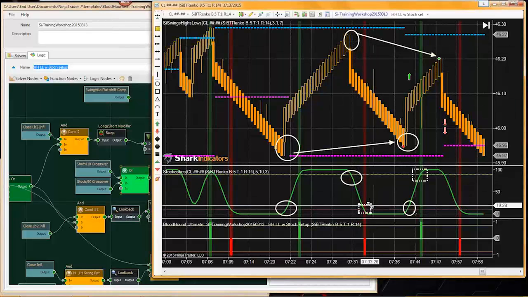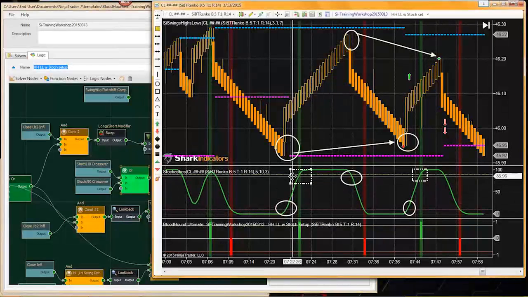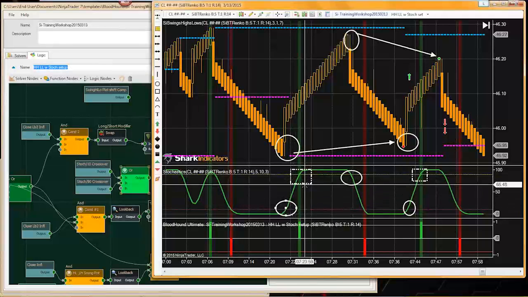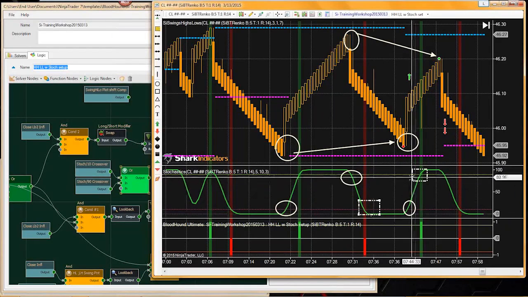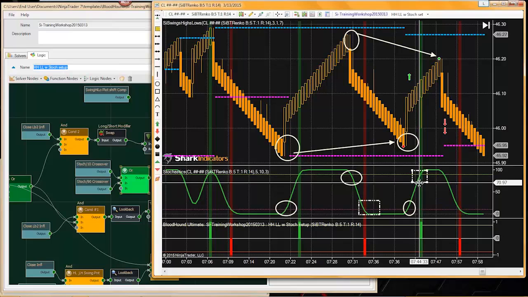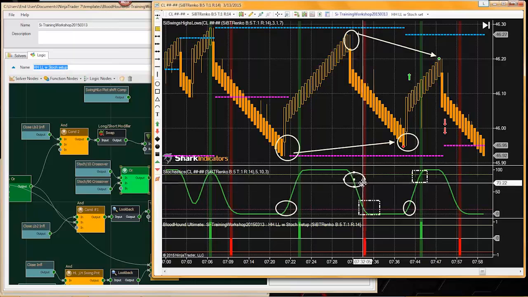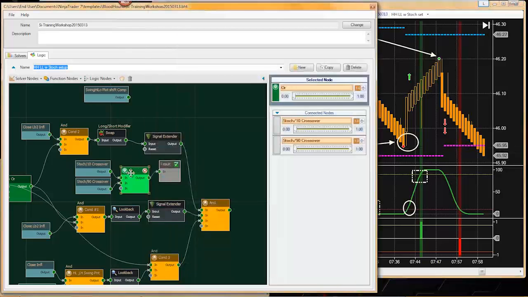Because remember, I don't want this to reset right after condition 1. I want the reset here to happen after condition 2 happens. So remember, condition 2.